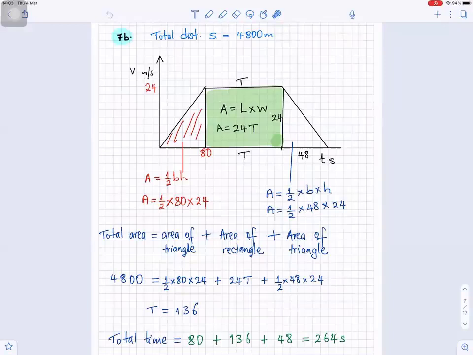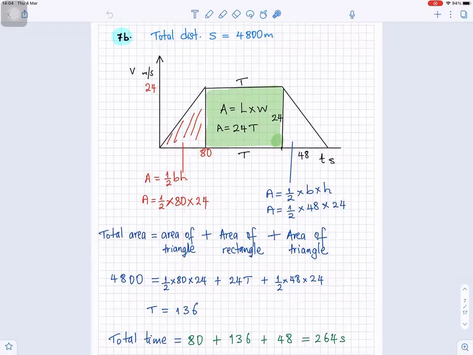So this is another way to find the total time. You know the total distance is 4,800. You divide that shape into a triangle, a rectangle, and a triangle. So you find area of a triangle plus area of a rectangle plus area of a triangle, and you add them up. The first triangle area is half times 80 times 24, because that base is 80, that height is 24.